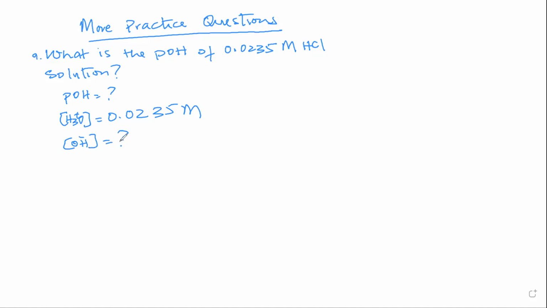Since we do not know that, to figure this out, we have to use Kw equal to this, which is, we divide both sides by hydronium ion concentration.